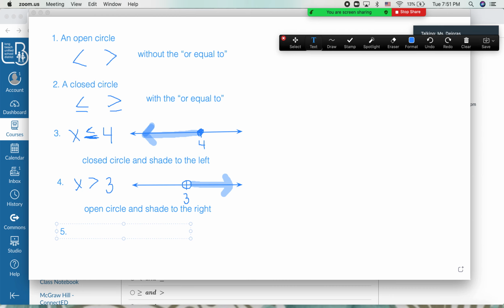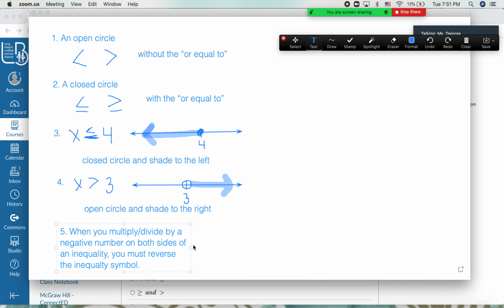Let's go ahead and look at number 5. Number 5 says, when you multiply or divide by a negative number on both sides of an inequality, you must reverse the inequality symbol.